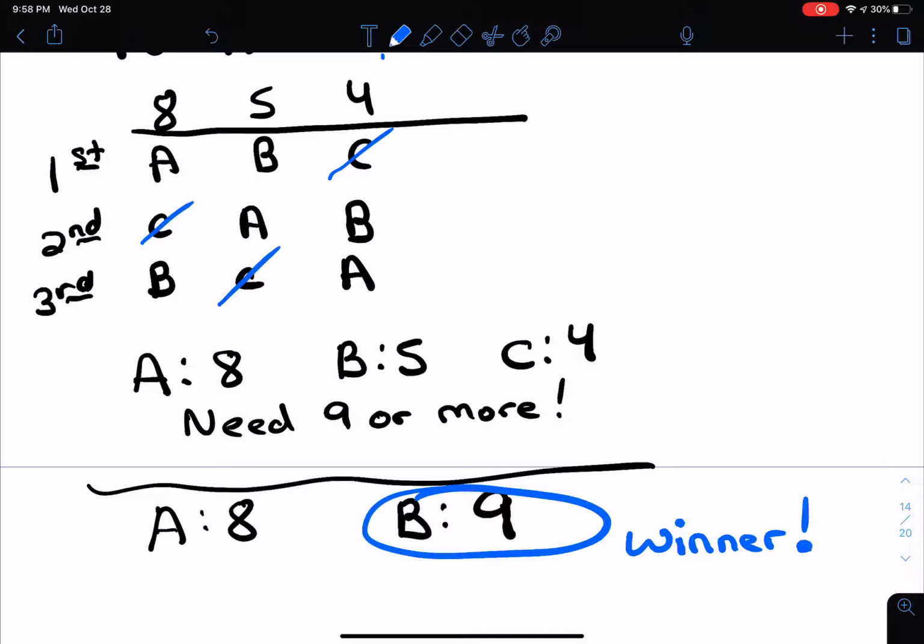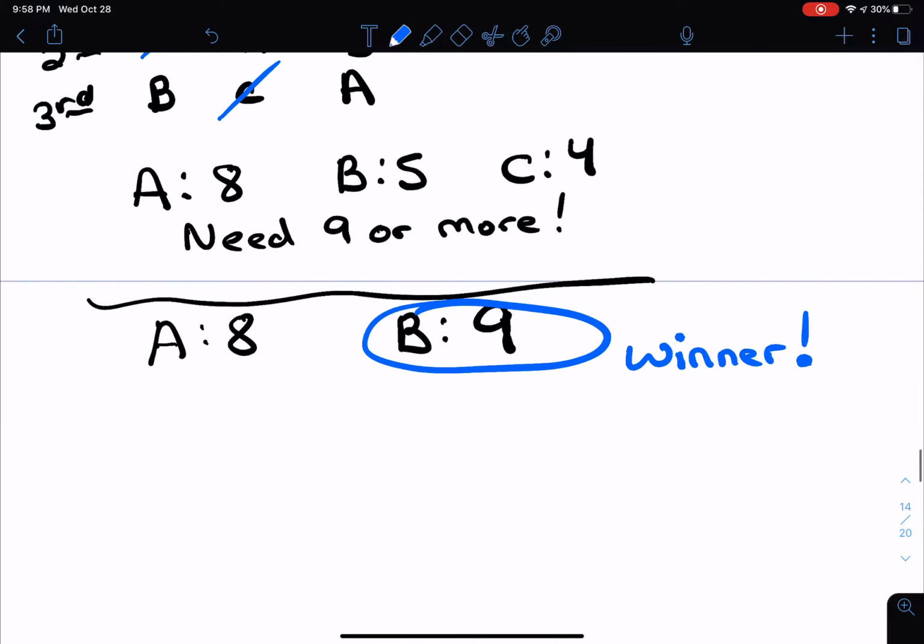Because what happened was when Ross Perot dropped out, Ross Perot supporters were now voting for that other candidate who was not in the lead originally. So that's kind of an example of what's happening here. As soon as C dropped out in this scenario, suddenly that support for B came from that third column there. And then B pulled ahead and won.